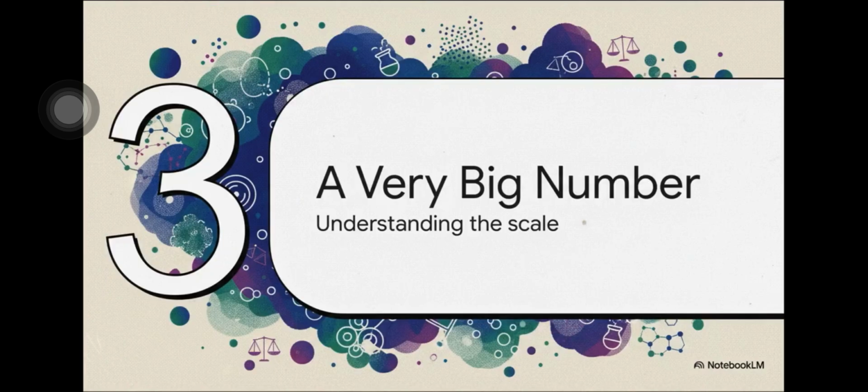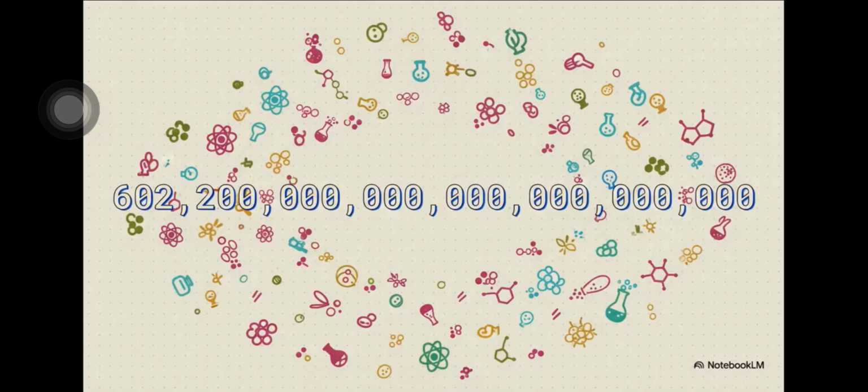Okay, let's just pause for a second and really try to wrap our heads around how huge this number actually is. It's kind of mind-bending. And remember, the only reason we need a word for a number this big is because atoms are just so unbelievably tiny. Look at that. That's it written out. All those zeros. It's called Avogadro's number, and it's a number so big our brains aren't really built to understand it.